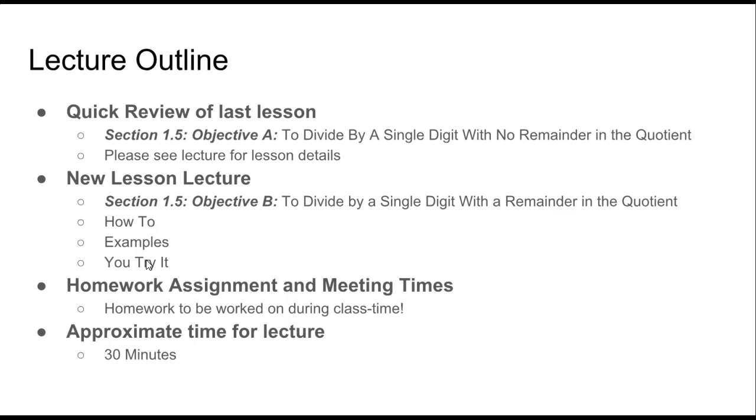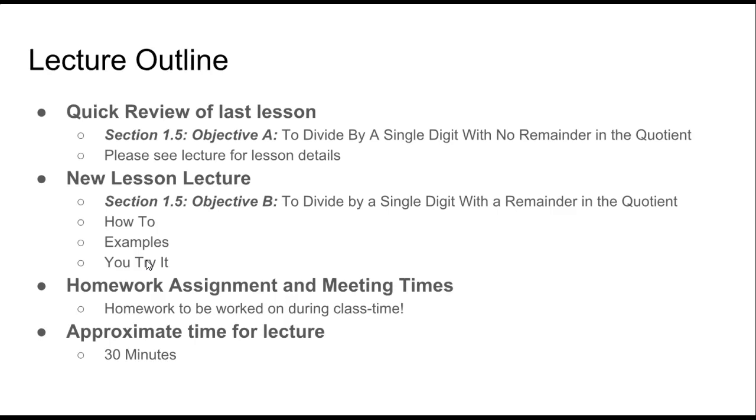We're going to provide a brief overview of some of those concepts, and of course, for any fine details that you need, that's the benefit of a flipped classroom. You can actually go back to the lecture for section 1.5, objective A, to get the details and make sure you understand those concepts.